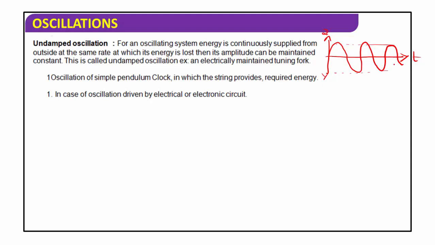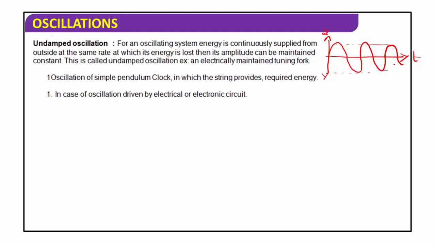In a system where the amplitude of the particle decreases with respect to time, that is called damped oscillation. For an oscillating system, if energy is continuously supplied from outside at the same rate at which energy is lost, then its amplitude can be maintained constant. These types of oscillations are called undamped oscillations.